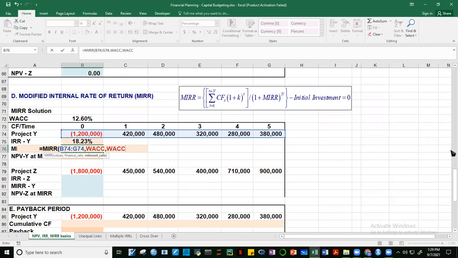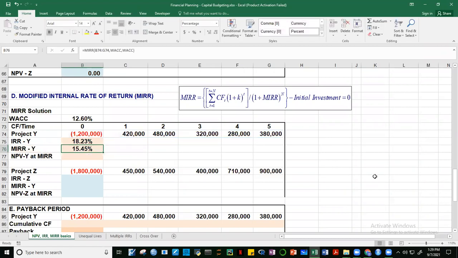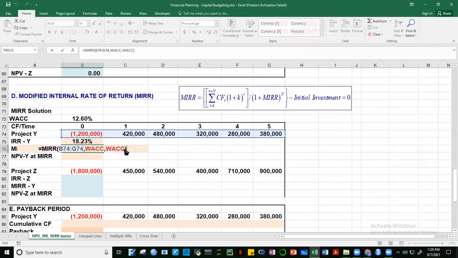Ang kaibahan nito sa IRR, guys, is that sa IRR, ang reinvestment rate natin is our IRR. Okay, ulitin ko lang to, ha. So you have here 15.45%. So this is not the WACC and IRR anymore. Had I made the reinvestment rate equal to IRR, then your MIRR will be the same.